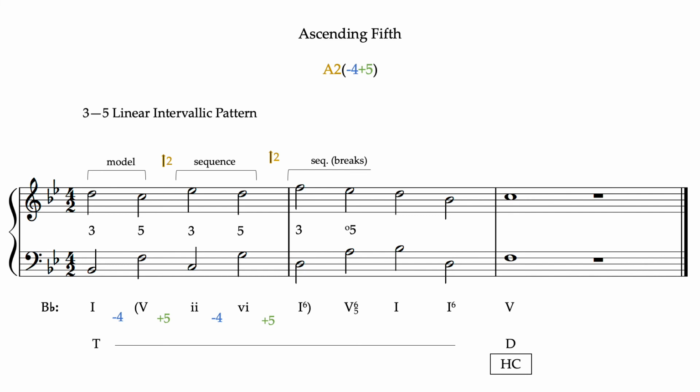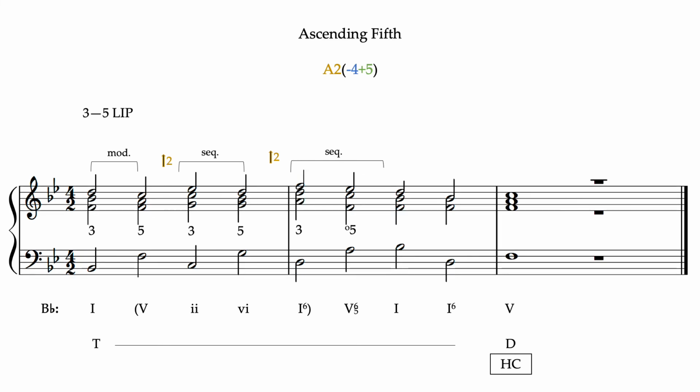So every harmony is moving up by a fifth in general. Building a 4-part harmonic structure in keyboard style from that LIP, we get the full harmonies fleshed out with each one ascending by a fifth in terms of the root motion.